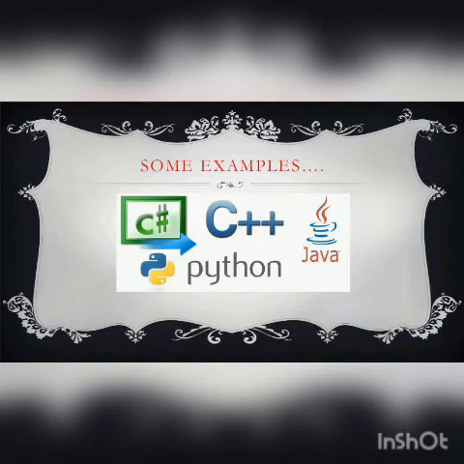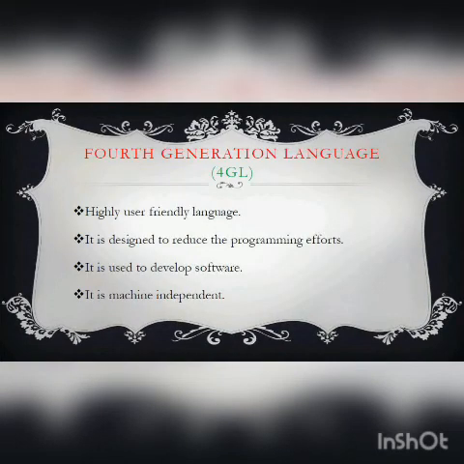So next, we'll go to fourth generation language or 4GL. These are very highly user-friendly languages. They are designed to reduce the programming effort. That means, suppose in the case of high-level language, to do a certain kind of work you have to type 100 lines.